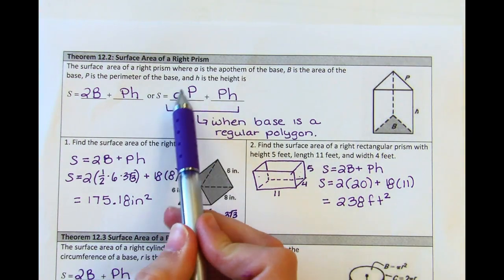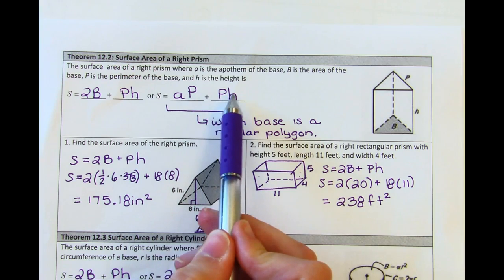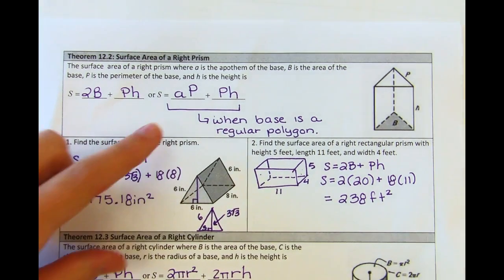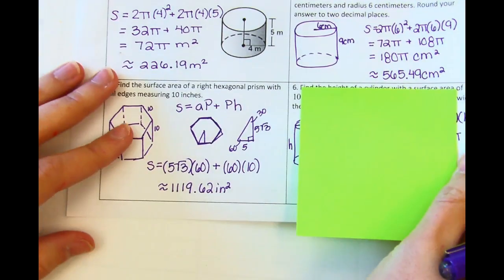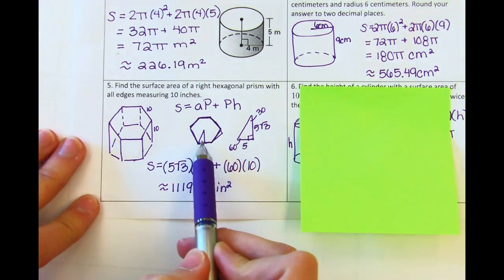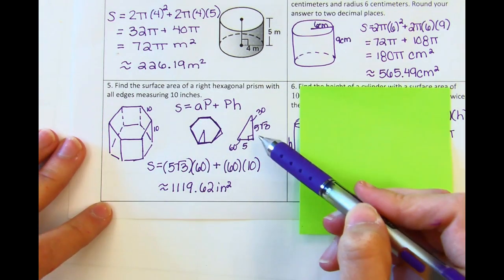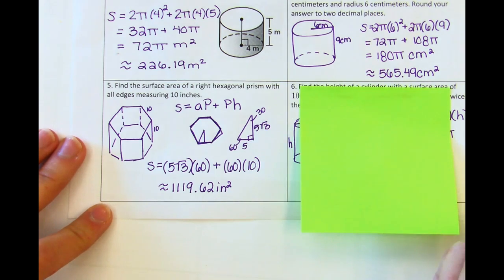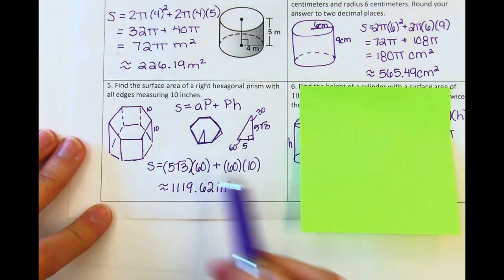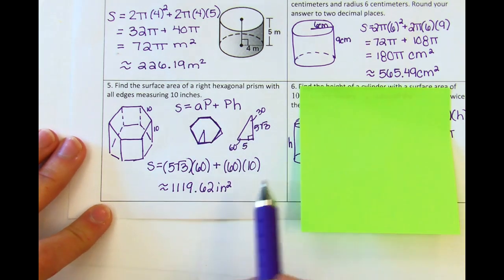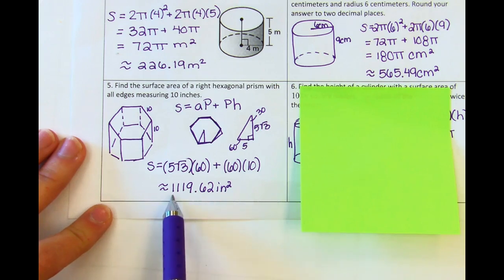So apothem times perimeter plus perimeter times height, which is really just 2 times the base. So to find the apothem, I used my 30, 60, 90 right triangle rule. I plugged everything in, and I got 1,119.62 inches squared.